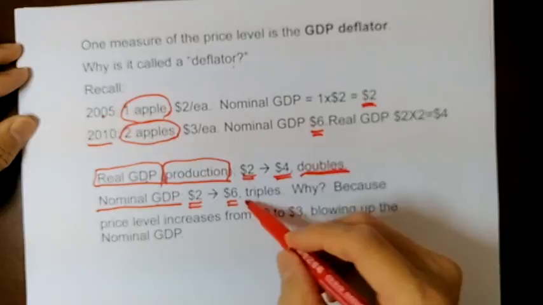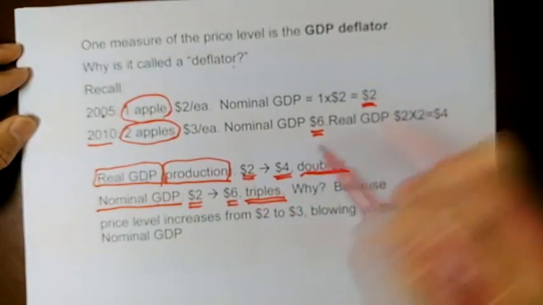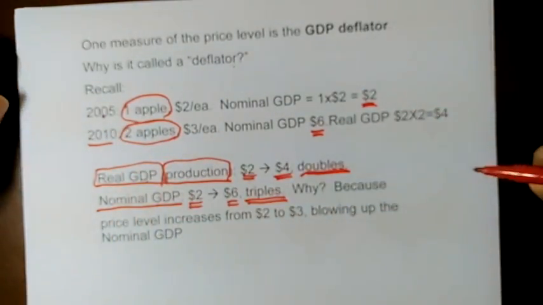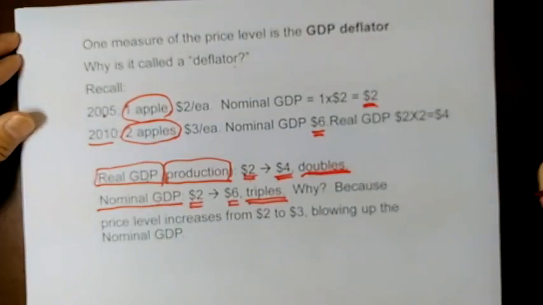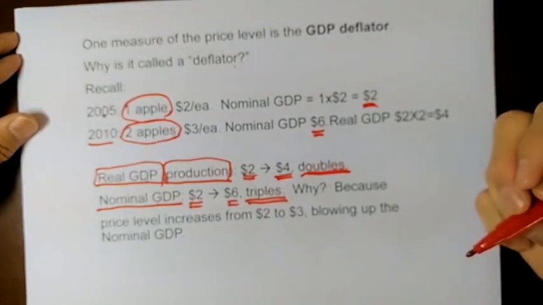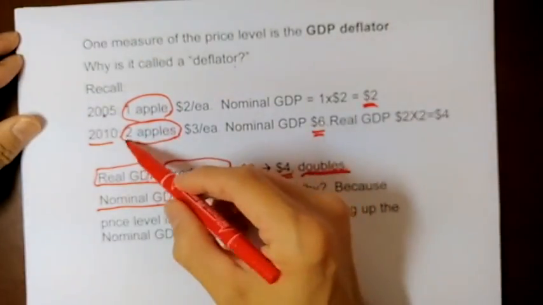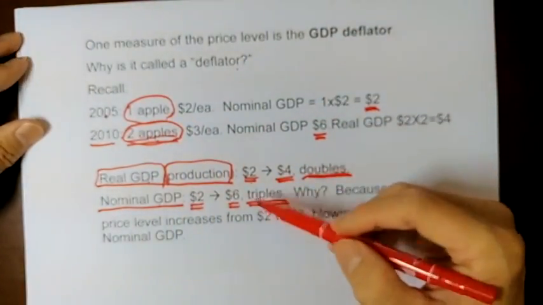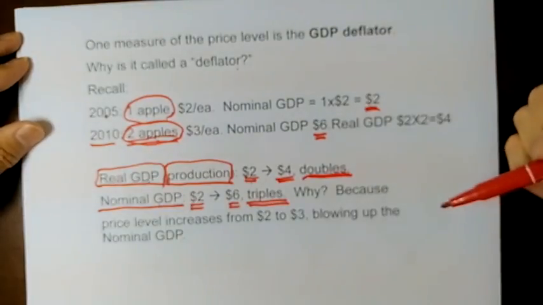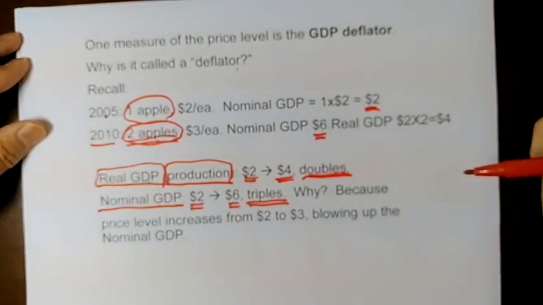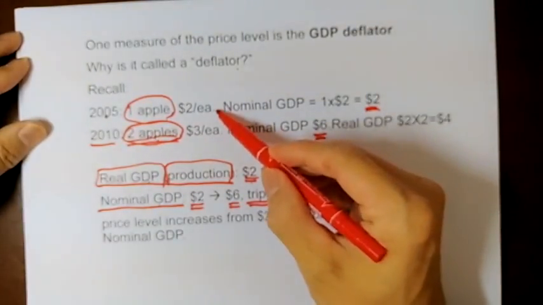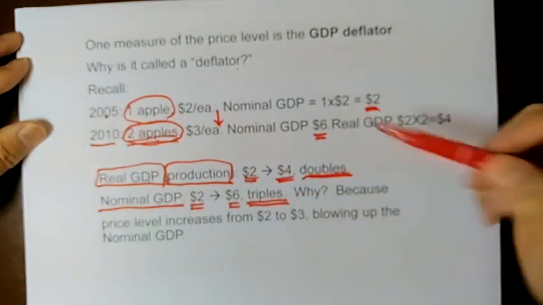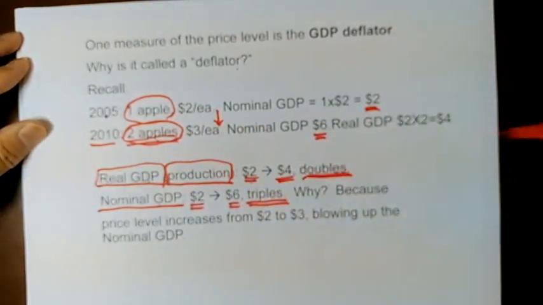So nominal GDP triples from 2005 to 2010. Why? We only produce 2 times as many apples as before. Why does the nominal GDP triple? The answer is because the price of an apple also increases from $2 to $3.